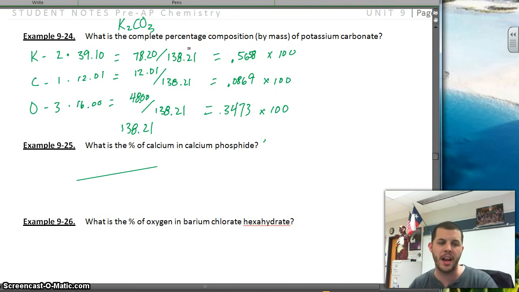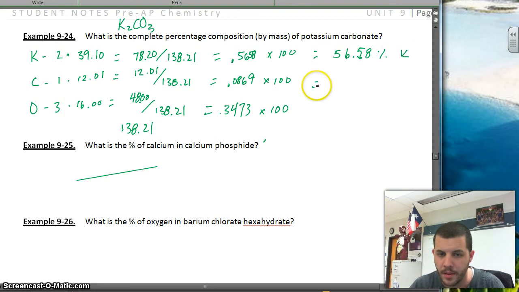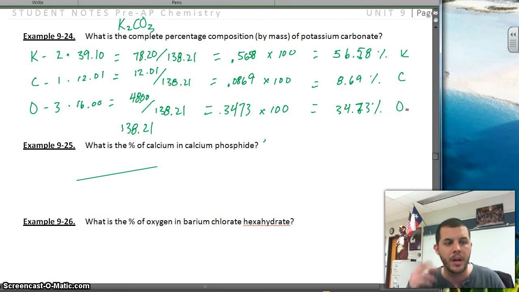So I know that when you have potassium carbonate, 56.58% is potassium, 8.69% is carbon, and 34.73% is oxygen. That's how we do percent composition problems.